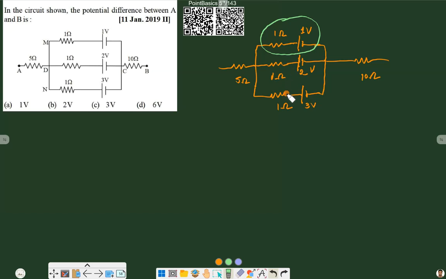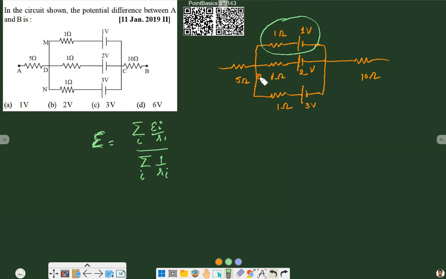If we do this, then we can find their equivalent potential or equivalent battery. That can be done using the formula that the combined EMF will be summation of Ei by Ri divided by summation of 1 by Ri, where i is the number of total terms or batteries we have.